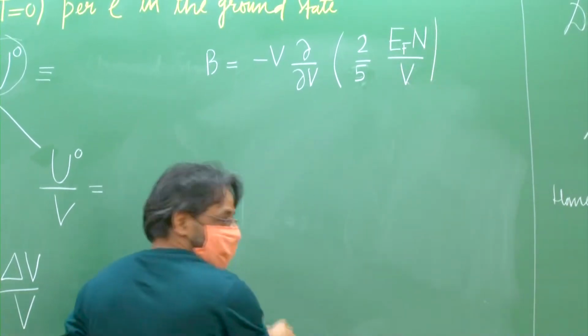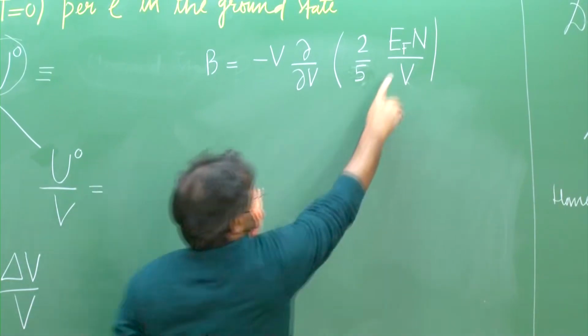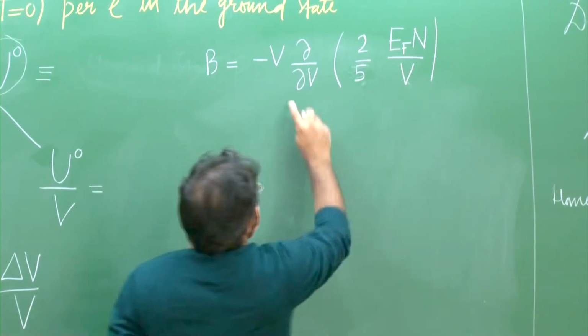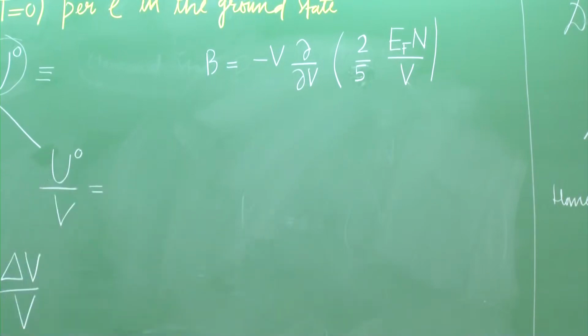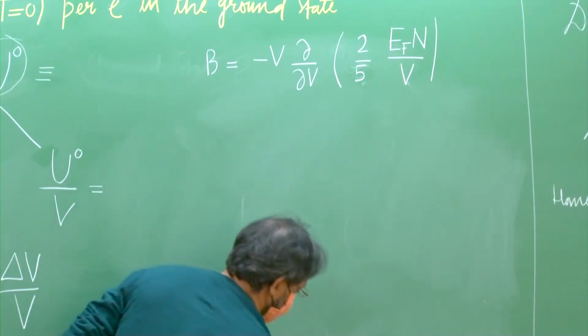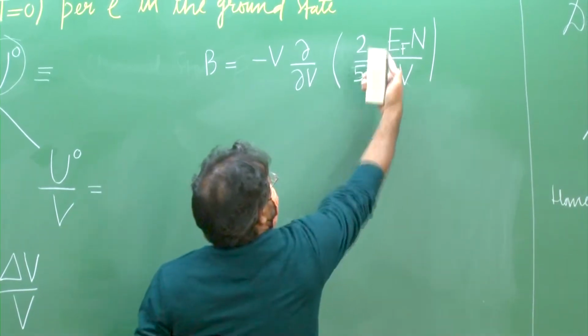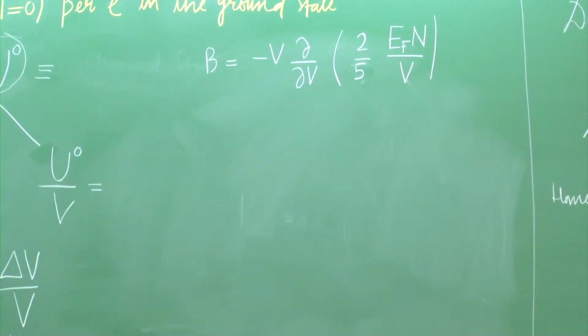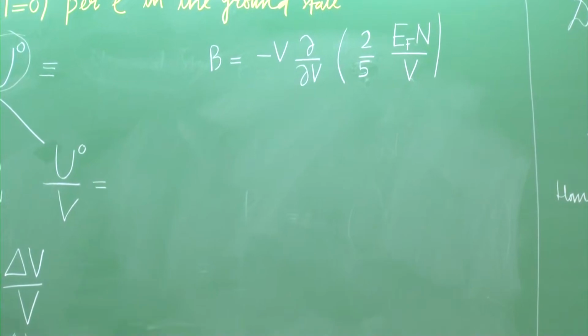This is one step before this, it was in terms of EF, right. So that is what you have to do. Now, once again you can plug in EF, because EF has the volume term. So you write EF, then you write EF in terms of QF, and QF in terms of little n, and little n as n by v, right.